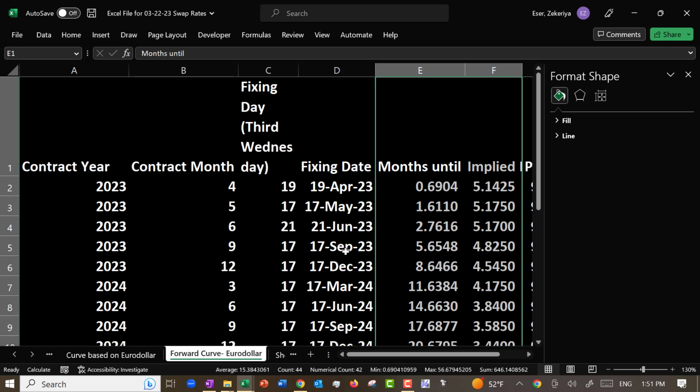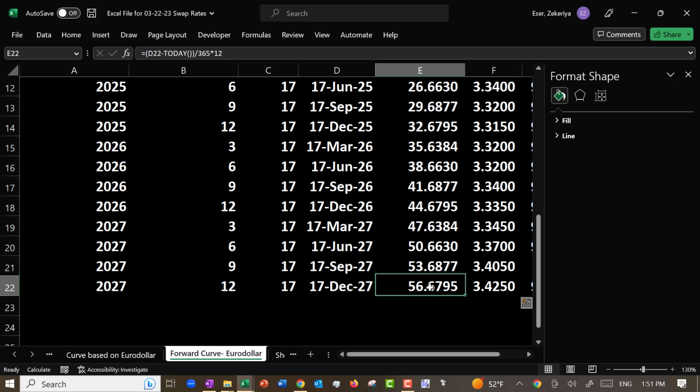Since the max we have is about 57 months, I'm gonna do a swap for up to 5 years.